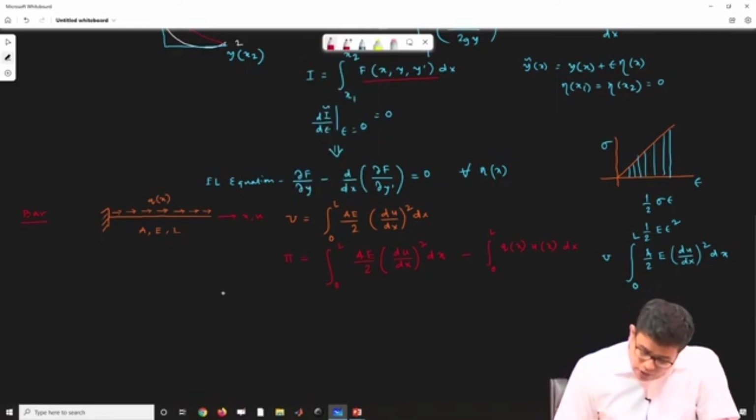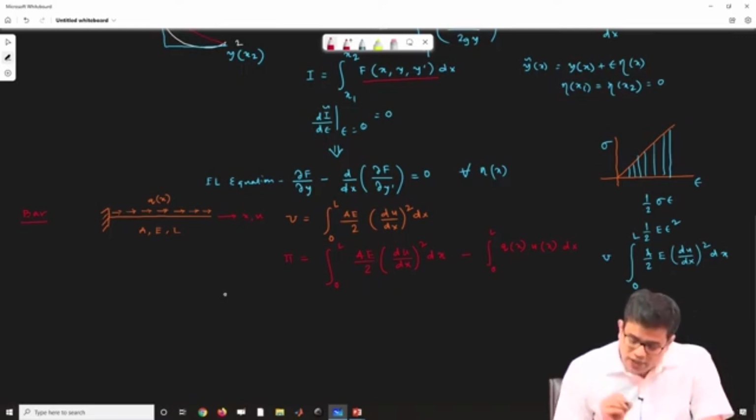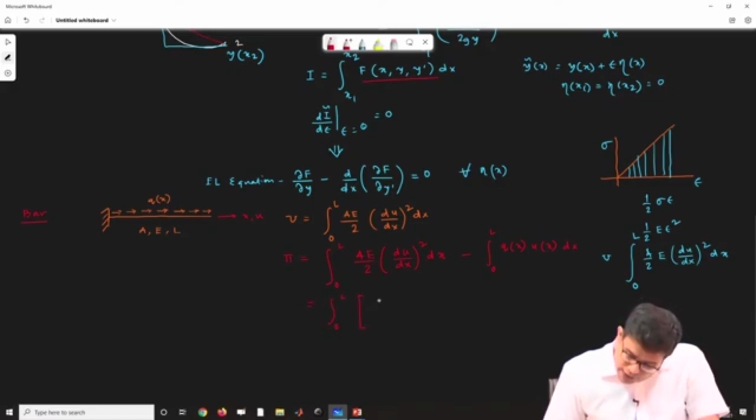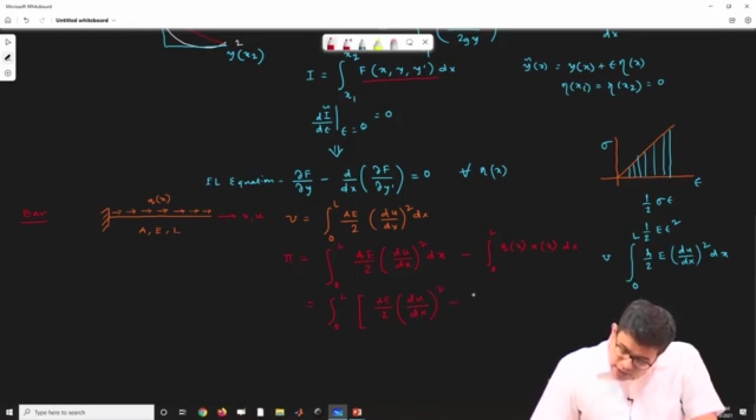So the first quantity is del f by, so what is our f? So first let me write my f in a proper manner. So that is AE by 2 (du/dx) whole square minus qu into dx.